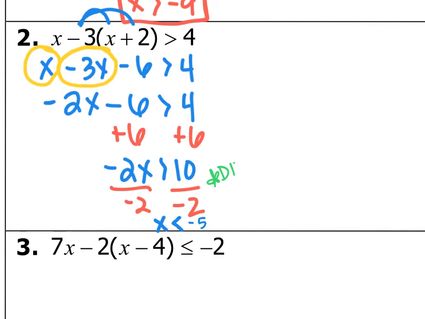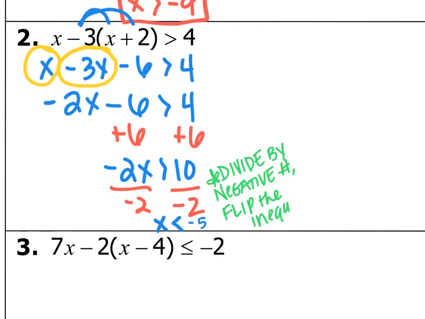When we divide by a negative number, you need to flip the inequality. If you could see the flip, we started as greater than, and because we divided by a negative number, we're now at the less than symbol.